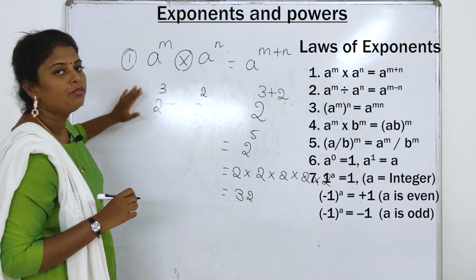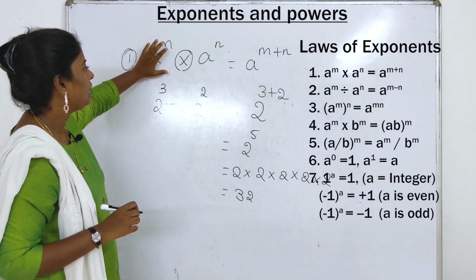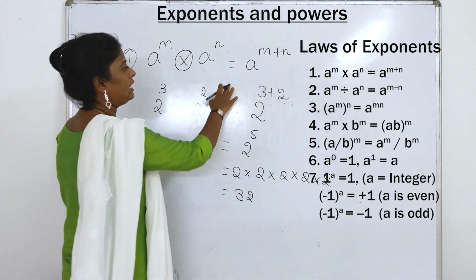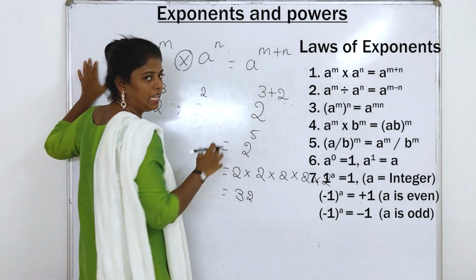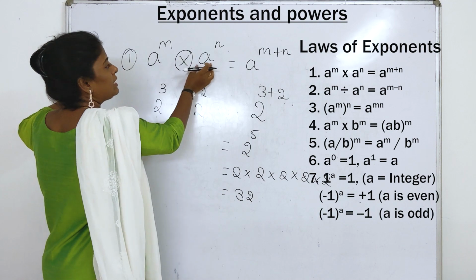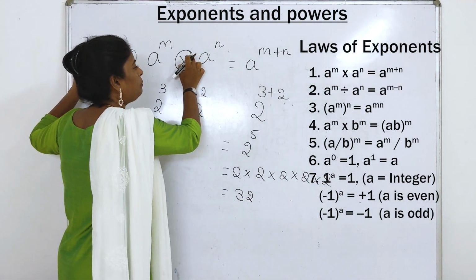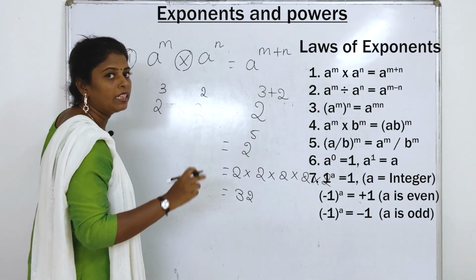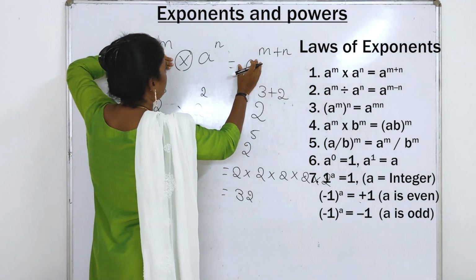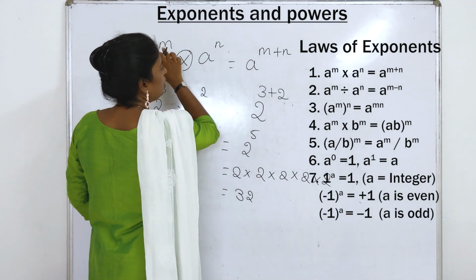So the first law we verified: a power m into a power n is equal to a power m plus n. That is, if the base is the same and you have the multiplication sign in between, then write the same base as it is and add the power.